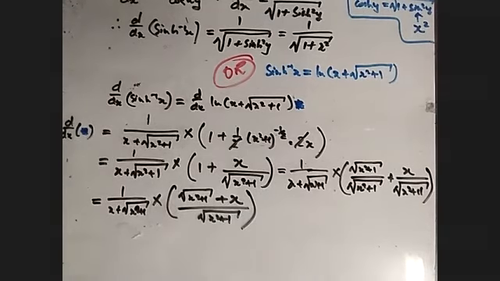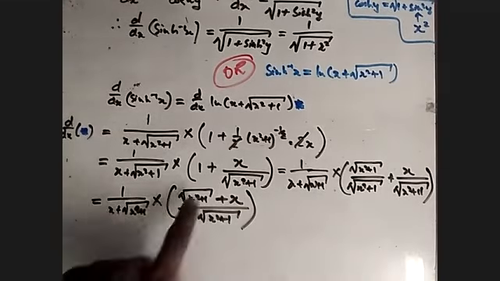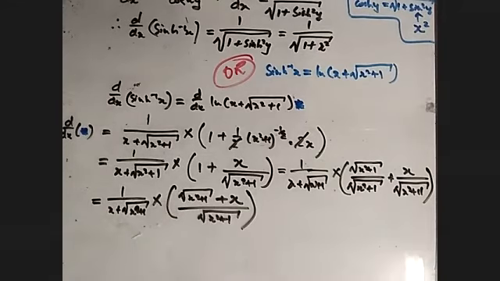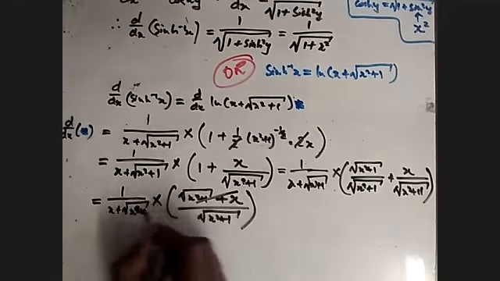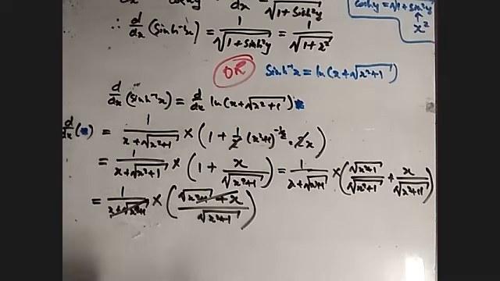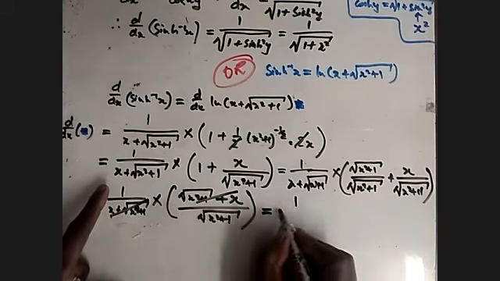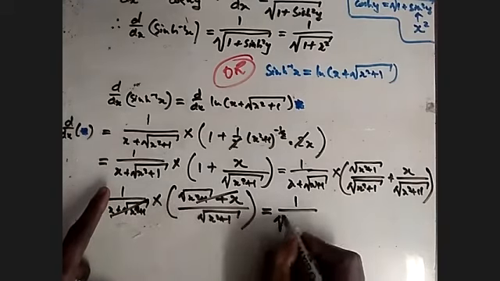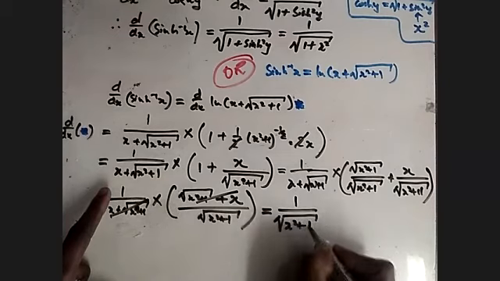You see that, guys? And as you can see, this and that are exactly the same, and therefore they are equal to 1, because there is multiplication between two terms. So what we are left with in the numerator is 1, and in the denominator is x squared plus 1.